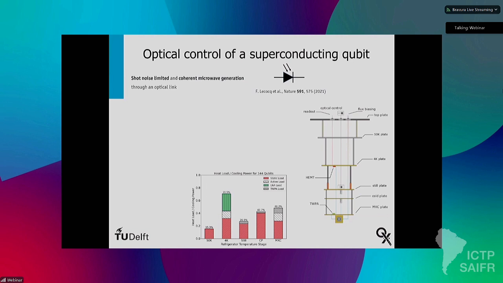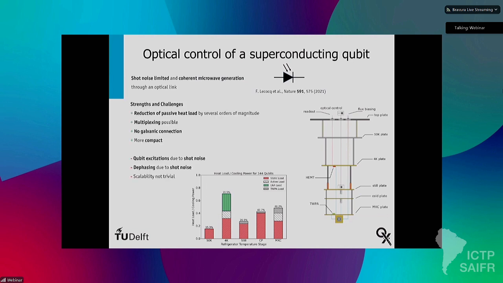Again, the goal is to get rid of this passive heat load. All these red bars on the bottom, we would ideally like to reduce so we can put more of these qubits into the cryostat. So with passive heat load reduction, you can multiplex. Another nice thing is there's essentially no galvanic connection now from the outside into the fridge. It in principle is more compact.